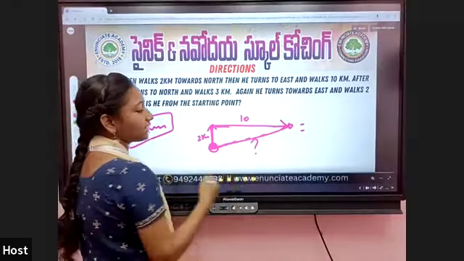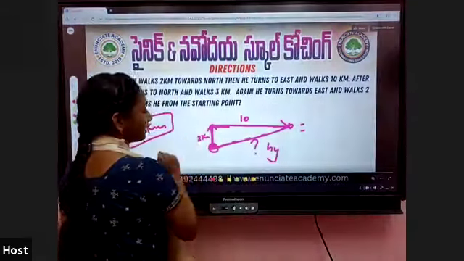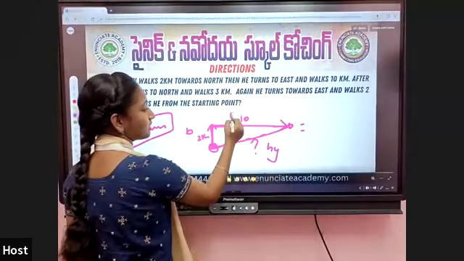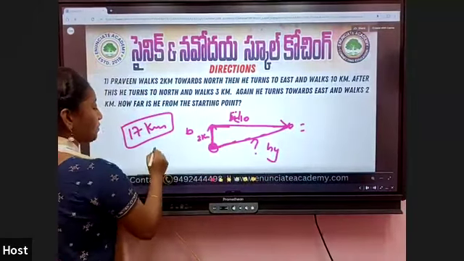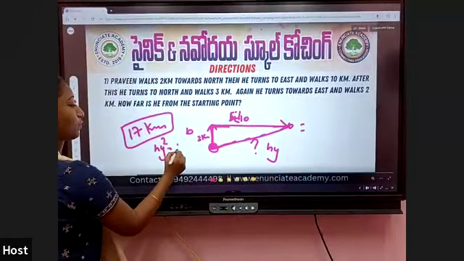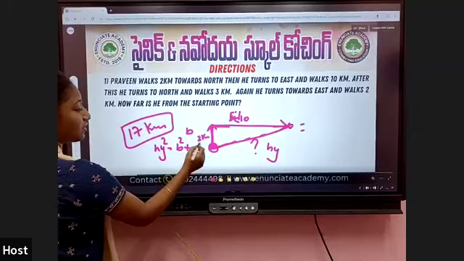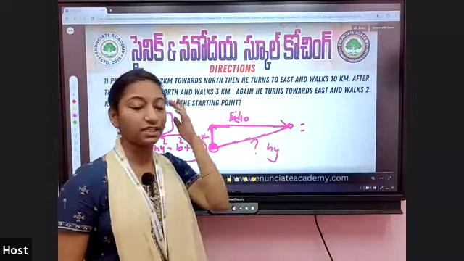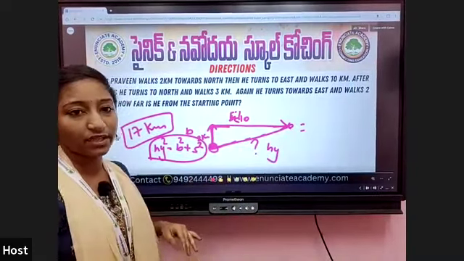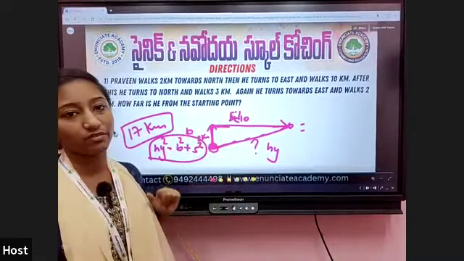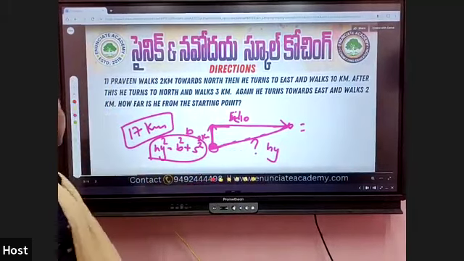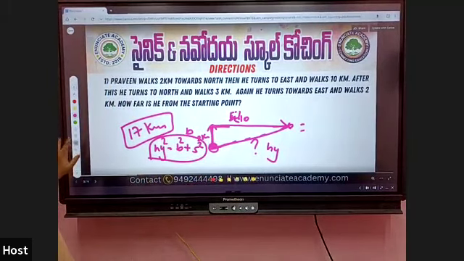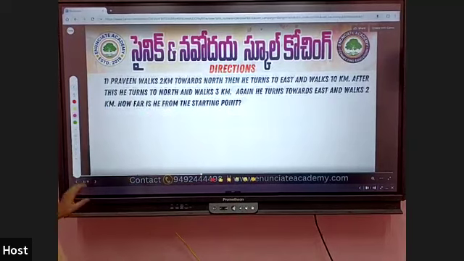The bigger side is called the hypotenuse, and this is the base, this is the side. You all know that hypotenuse square equals base square plus side square. By using this formula, you can find the distance between the starting point and the ending point for this type of diagram. For the earlier diagram, we can solve by adding the sides.